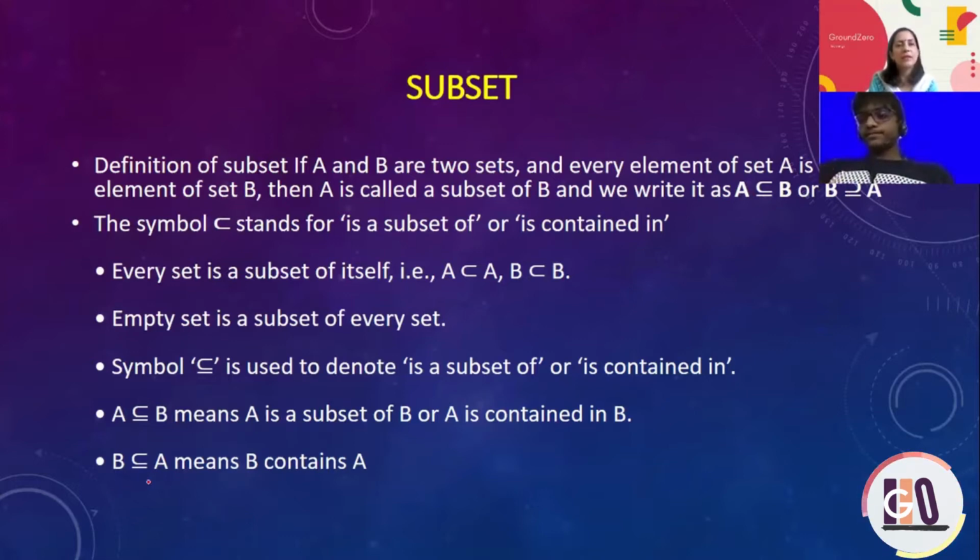But see this one, this is different: B is a subset of A, instead of A. And the other one is A is a subset of B. So depending on the way the symbol faces, it means A is a subset of B.